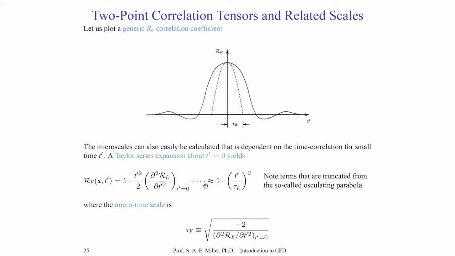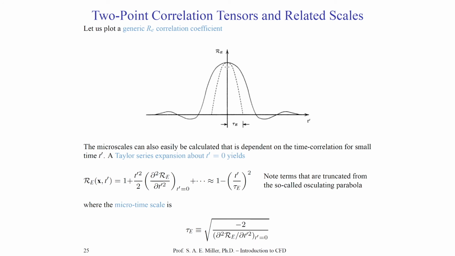This can be derived and shown analytically now by solving for tau e in the particular equation for Re with truncated terms from the Taylor series. The Taylor microscale will then be written, as shown on the bottom of the page, as the square root of -2 over the second partial derivative of the autocorrelation of the first component of the Reynolds stress tensor with respect to time, evaluated at time prime equals 0.